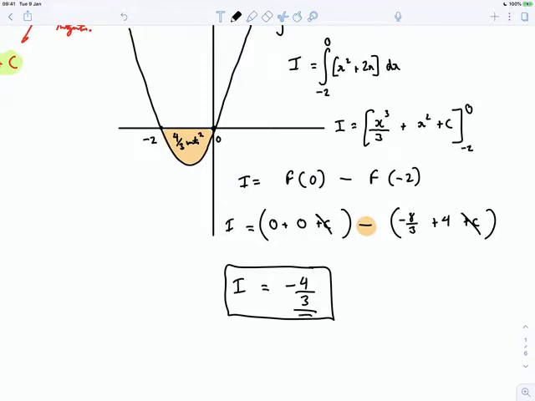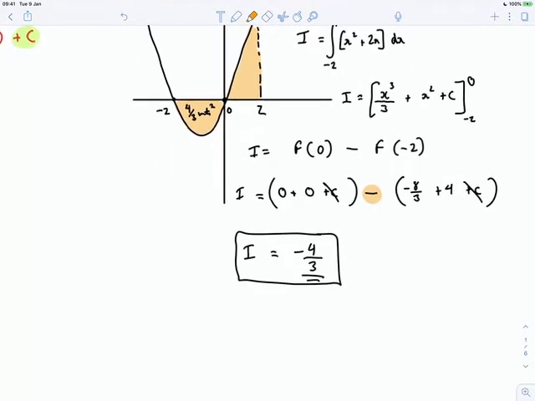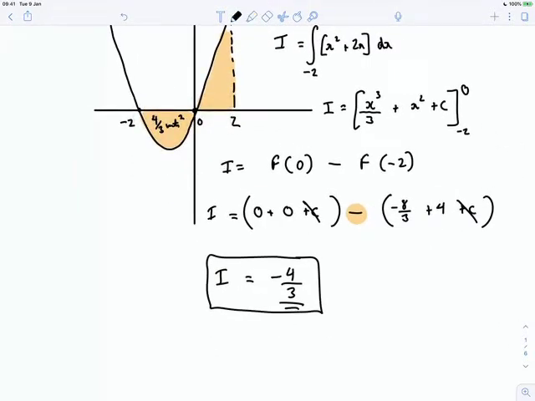Now here comes the problem. Suppose I was interested in the total area between minus 2 and positive 2. So I had something like this. Now look what happens. If I'd not thought about it, it would have been the same steps. So let's call this region 2.